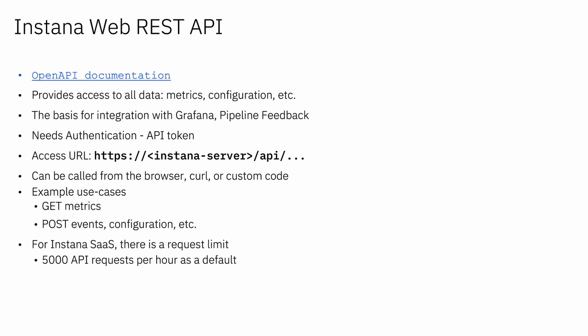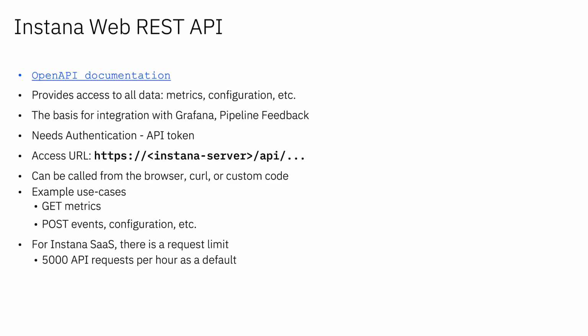And the majority of the functionality, if not all of it, is exposed through the APIs, and all of it is documented in the Open API format. The first line here shows the link to the GitHub, where you have the current version of the API documentation, and it provides access to every data that Instana collects about the metrics, about the configuration, about user tokens, everything.